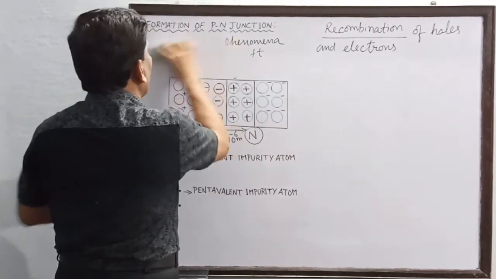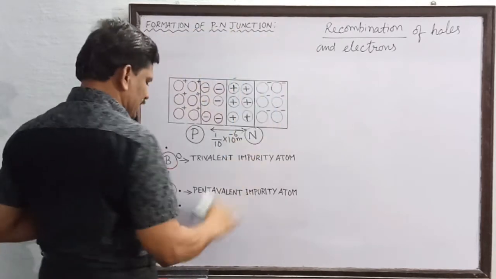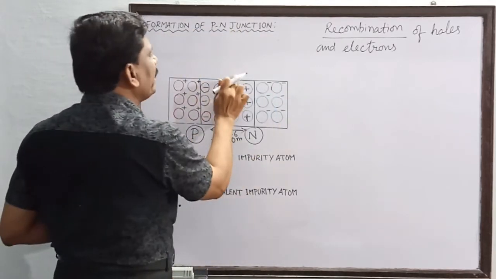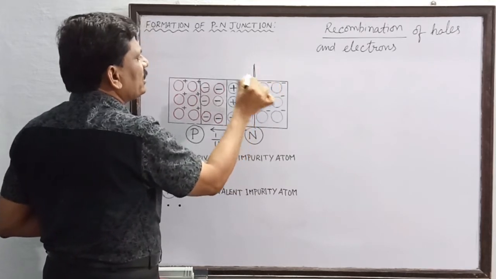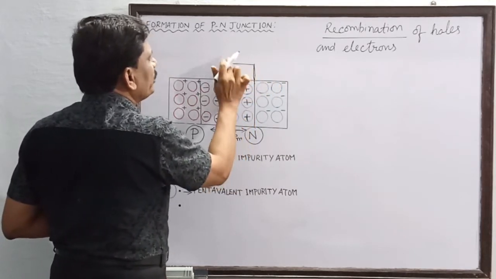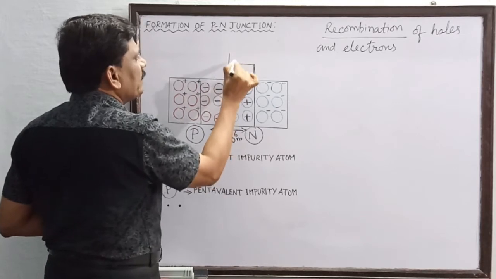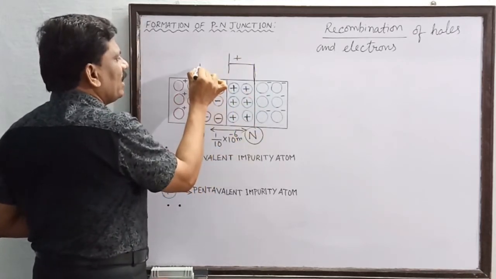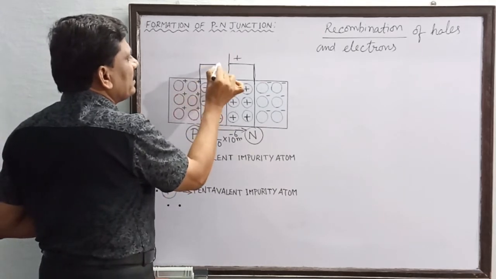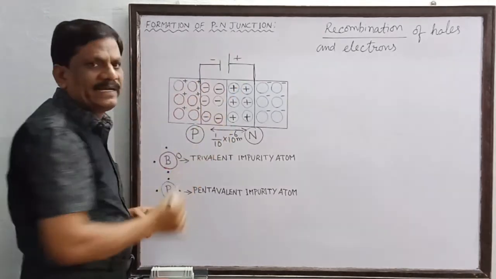So now you see on which side of the junction is a positive potential created, you tell me. So on the N region of the junction there is a positive potential. Okay, students? So there is a positive potential developed, and on the P region of the junction there is a negative potential developed.